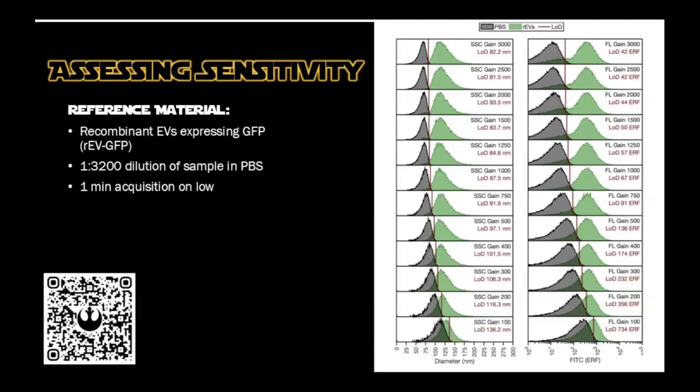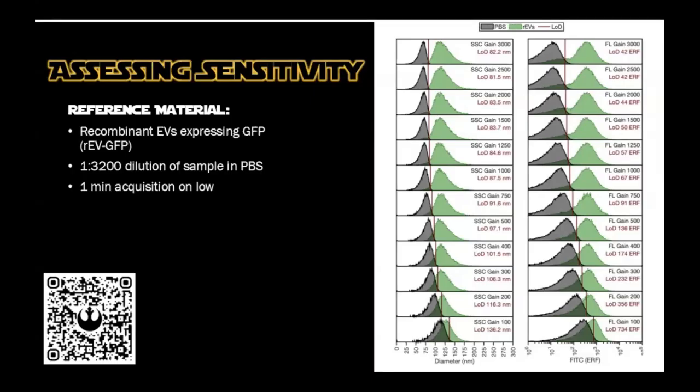It's very clear that the detector settings have a huge impact. With cell detector settings, we have a limit of detection at maybe 120 nanometers roughly. And then when we optimize the settings for EVs, we go down to a limit of around 81 nanometers.